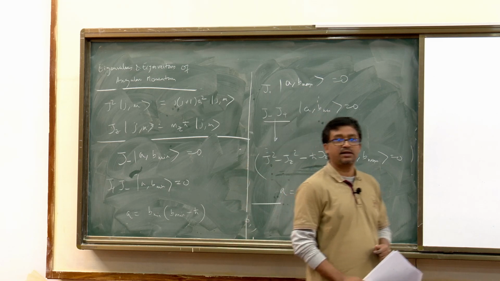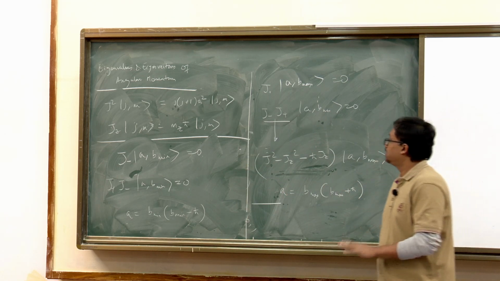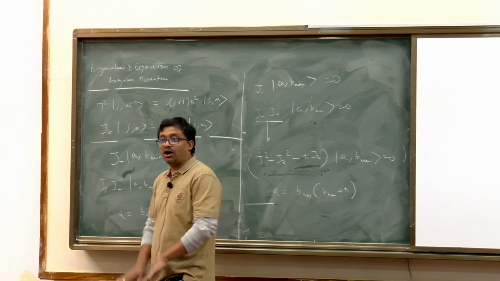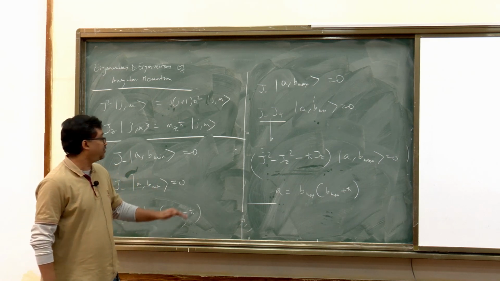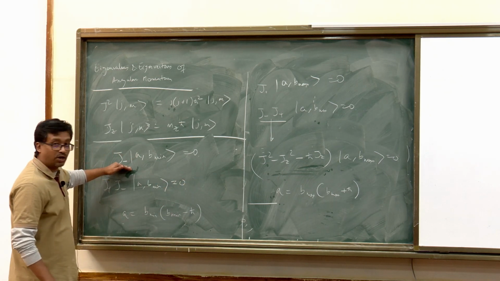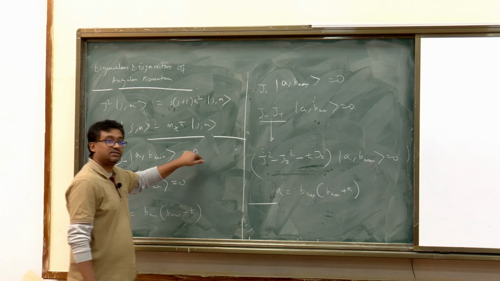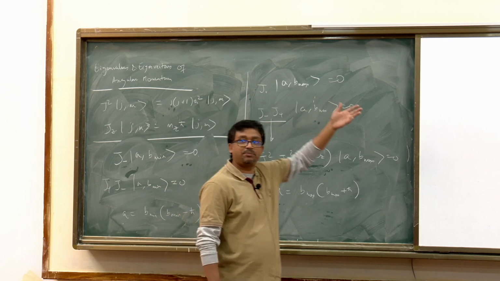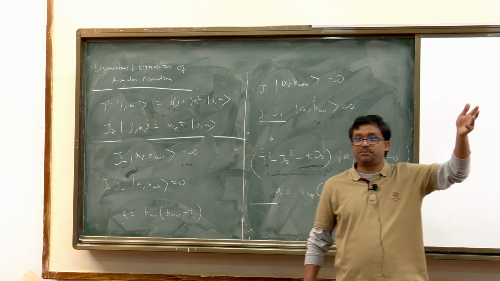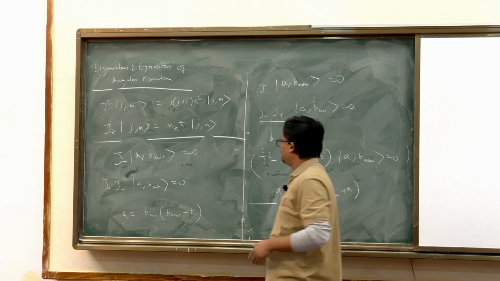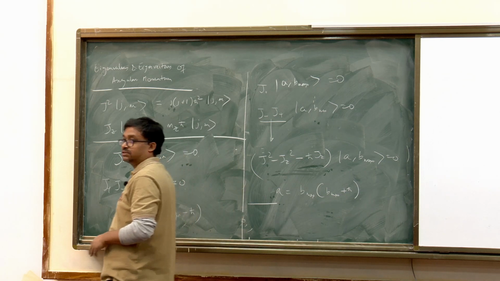Exact same logic: you cannot go below B min. If I try to go below B min, I should get 0. Similarly, I cannot cross B max. With that, we get these relations.